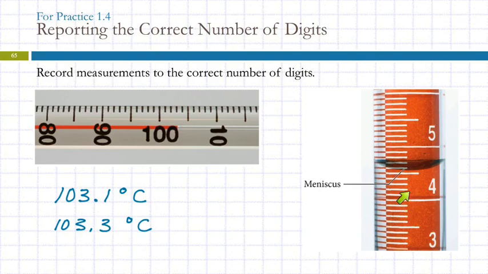So this is 4. That would be 4.5, and it's less than 4.6. So it's 4.5 something. 4.58 milliliters. Somebody might say, I think it's 4.57. That's fine. Okay. Any questions?